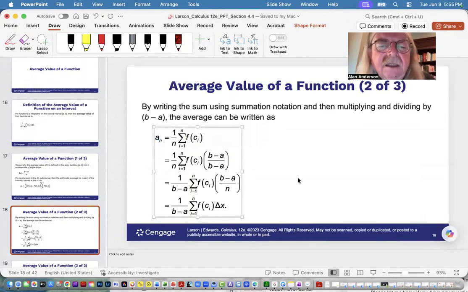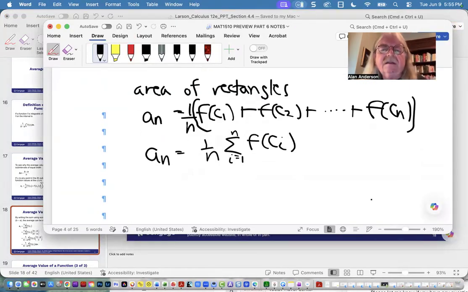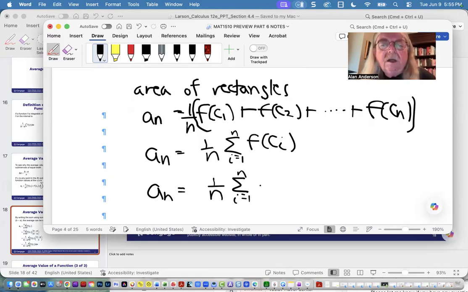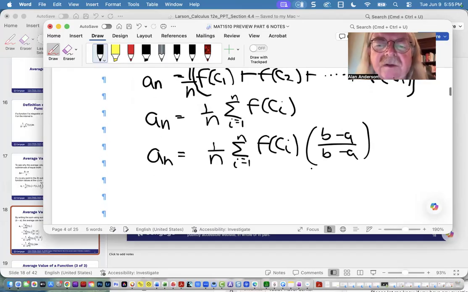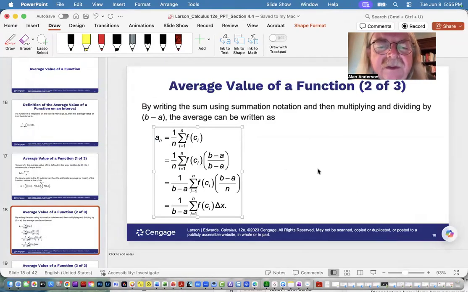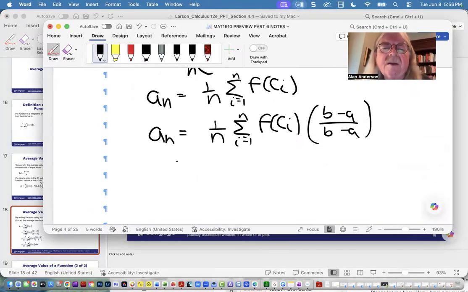And what they're saying is that if you multiply by this ratio, which is just equal to 1, and then rearrange it a little, and those are constants, so we can move those anywhere we choose. So what we're going to do is basically swap these two.